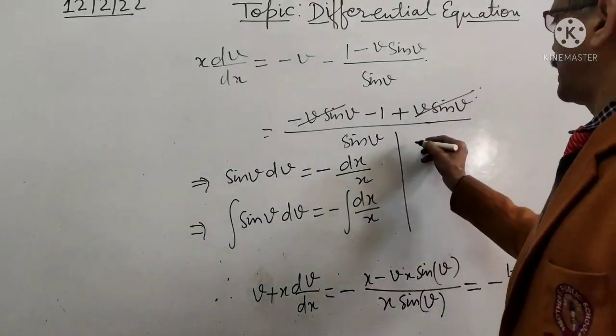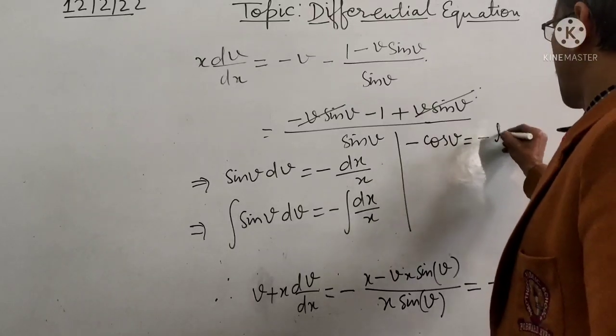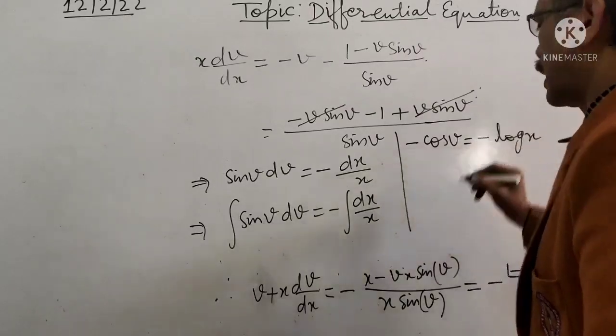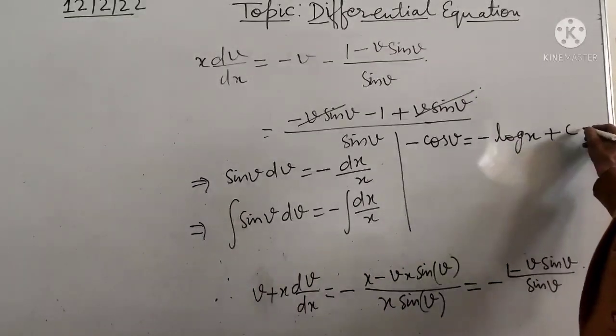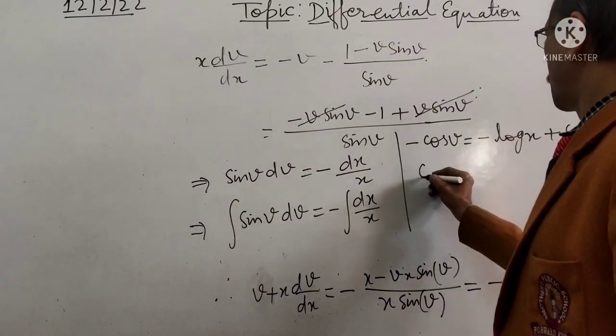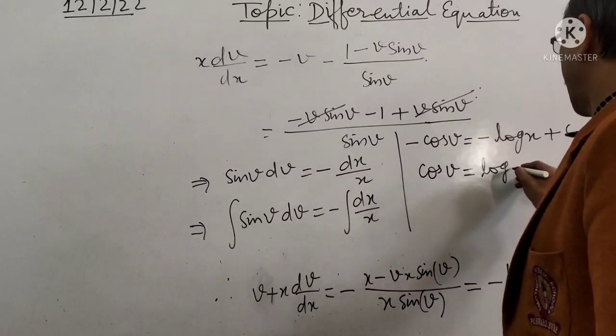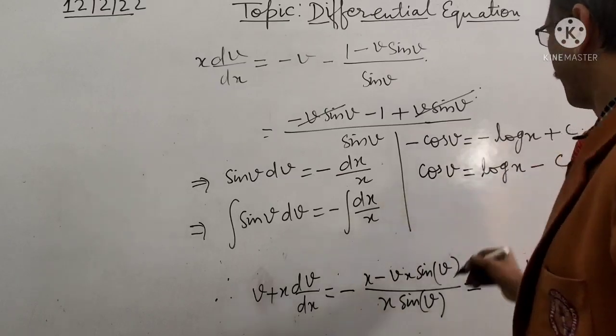Integration of sin v is −cos v equal to −log x plus c. Here the minus sign is common and cancels out. So cos v equal to log x − c.